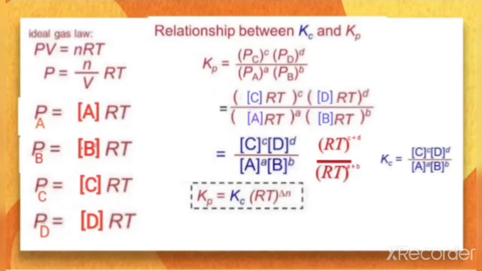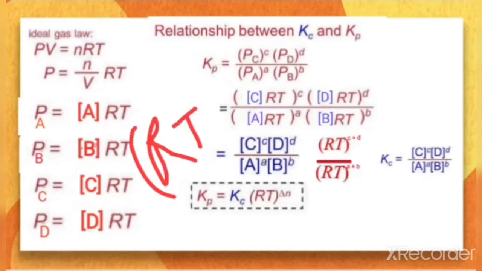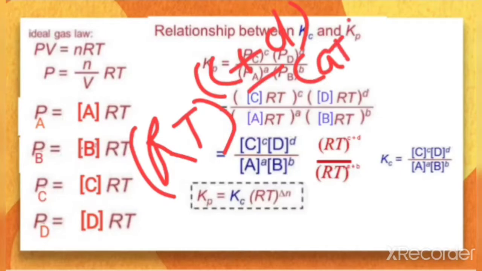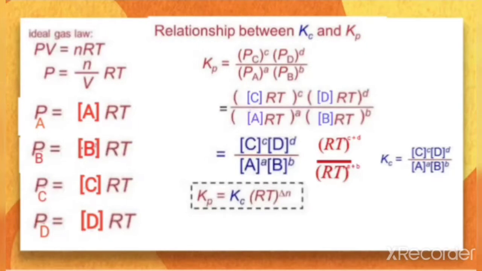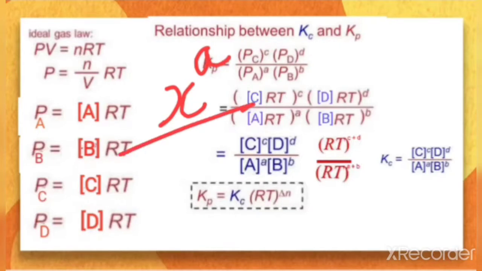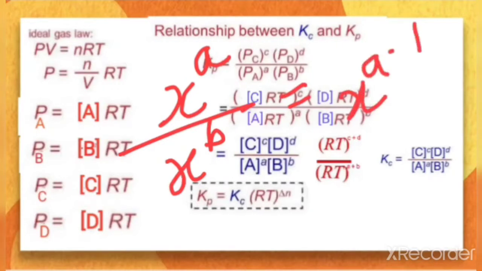Now what is delta n here? Because here RT to the power c plus d and RT to the power a plus b can be written as RT to the power (c plus d) minus (a plus b). We can write this in this way because if you are familiar with this mathematical formula, x to the power a divided by x to the power b, what is the formula? That is x to the power a minus b. So we are applying this formula. So what we got here?